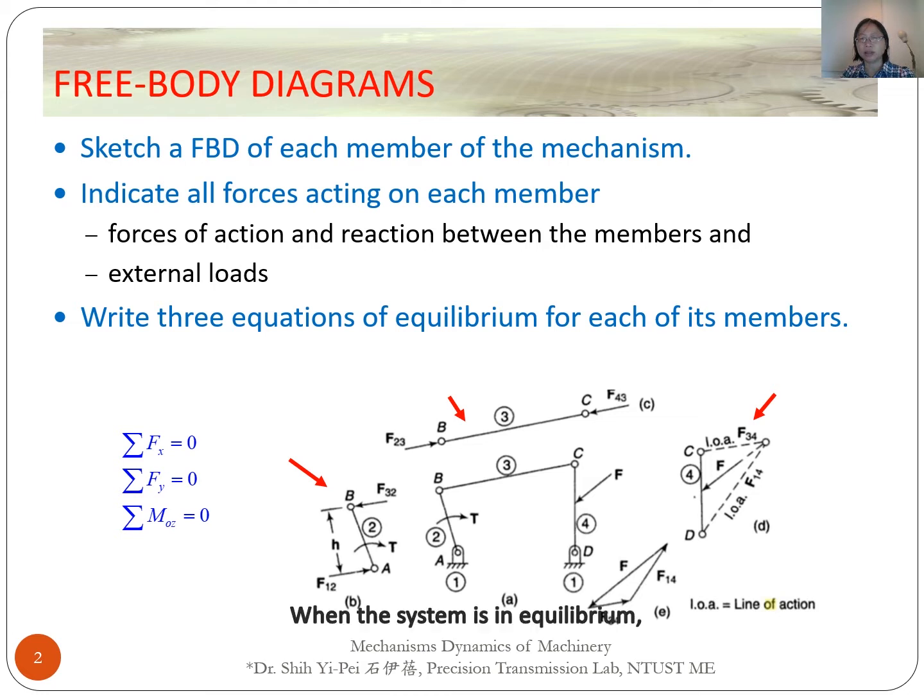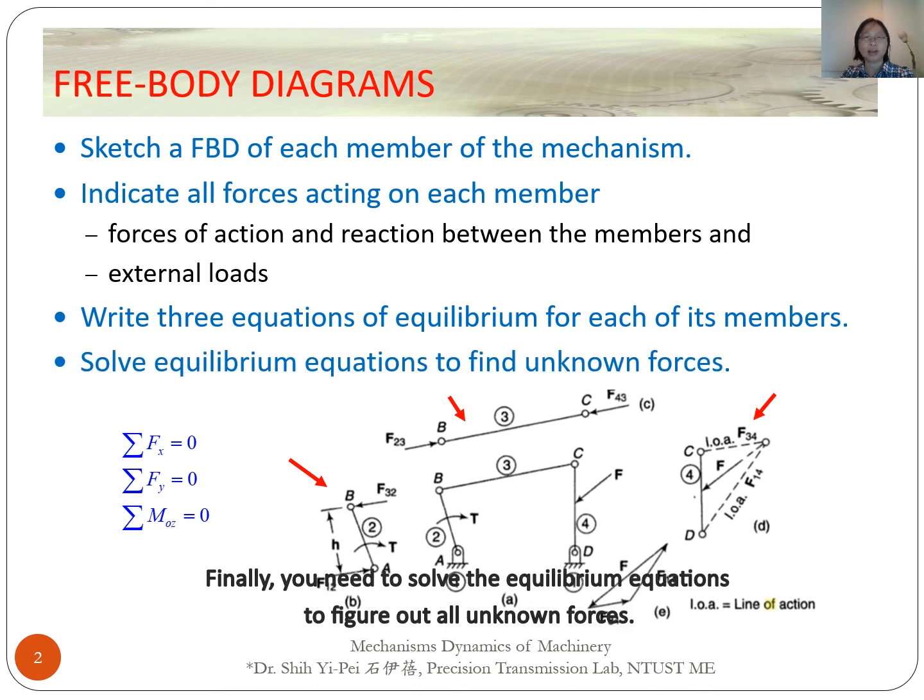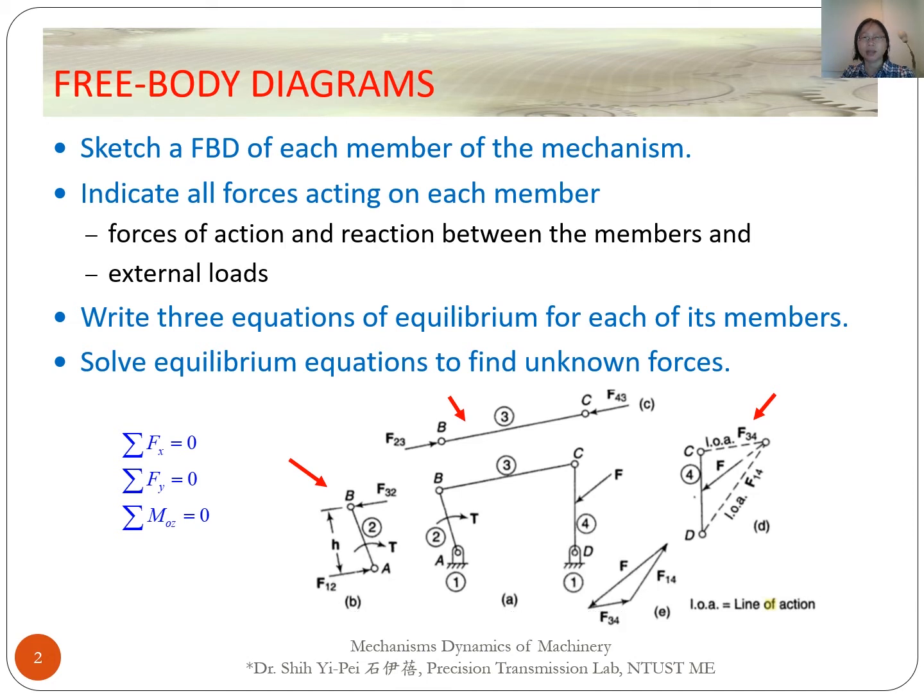When the system is in equilibrium, we can get 2 force balances in the x and the y directions, and 1 moment balance about axis D. Finally, you need to solve the equilibrium equations to figure out all unknown forces. The details we'll be talking about later.